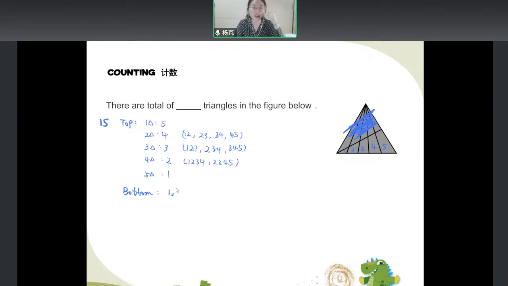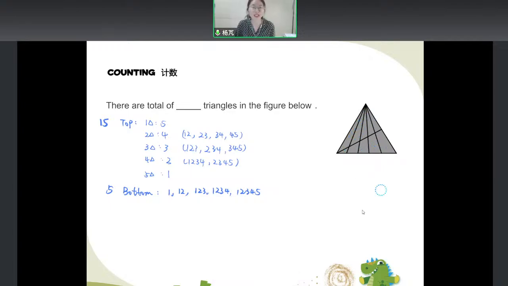If I put 1, 2 together, another one. 1, 2, 3, bigger. And then 1, 2, 3, 4, big again. 1, 2, 3, 4, 5. So there are 5 at the bottom. Okay, so far we have already found 20.